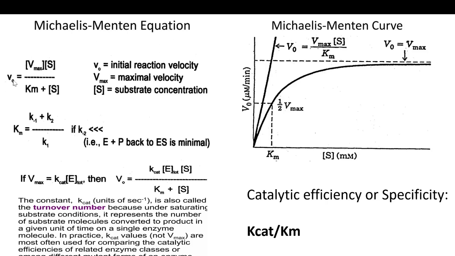So what it states is V naught, the initial reaction velocity, which is linear to the substrate concentration, as you can see in this graph. Initially the product concentration is minimal, so the initial rate is directly proportional to the substrate concentration, and it follows first order kinetics.